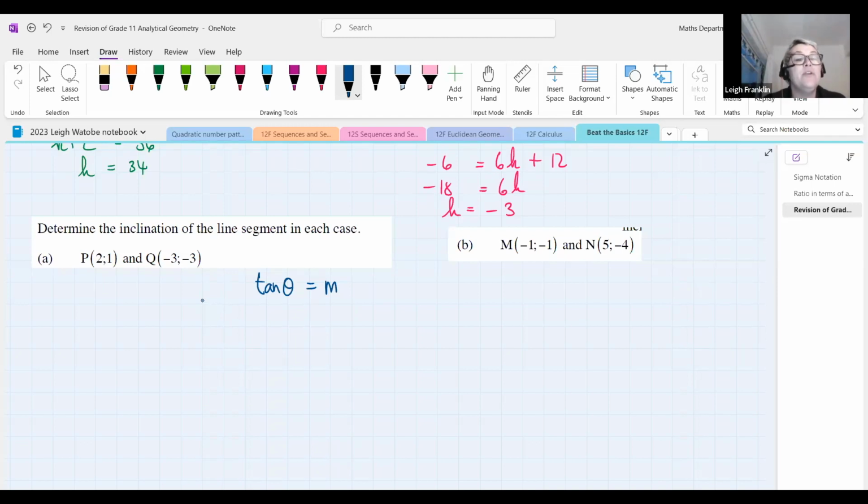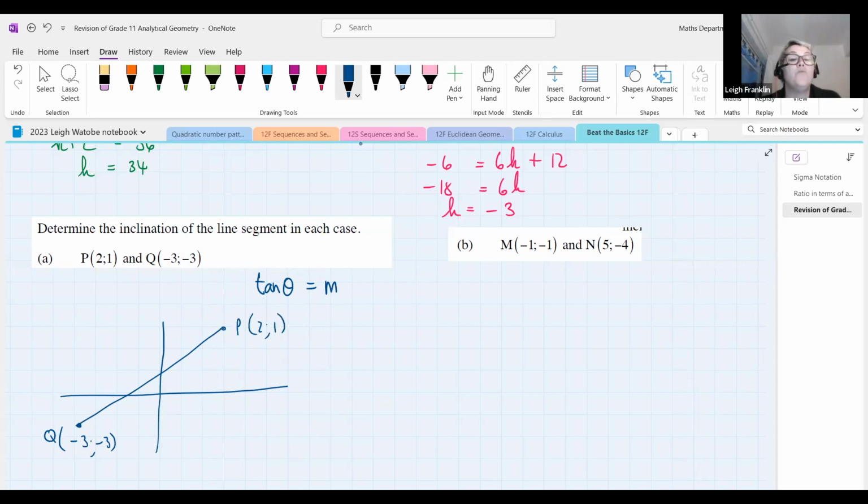If they have given you a, let's just get a Cartesian plane, and let's just plot these coordinates. Okay, so P or Q would be here at minus 3 and minus 3, and P would be over there at 2 and 1.